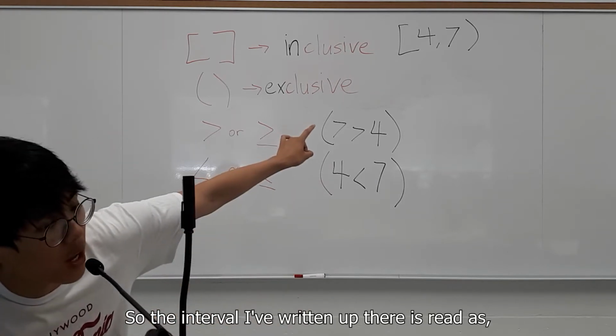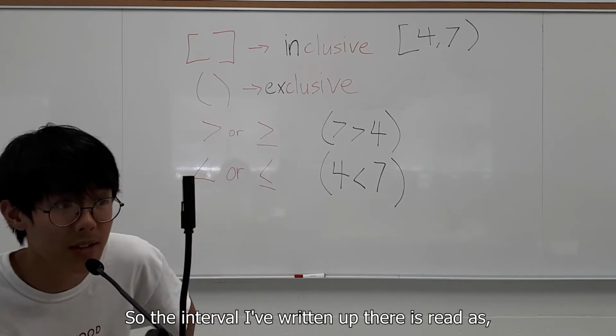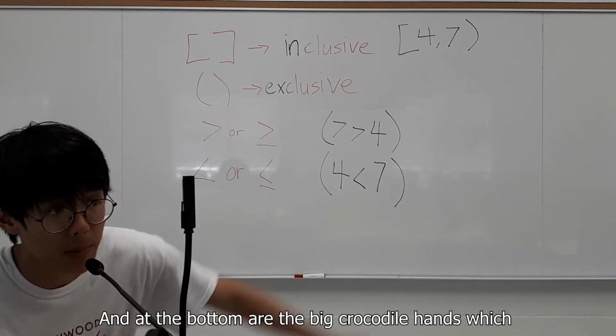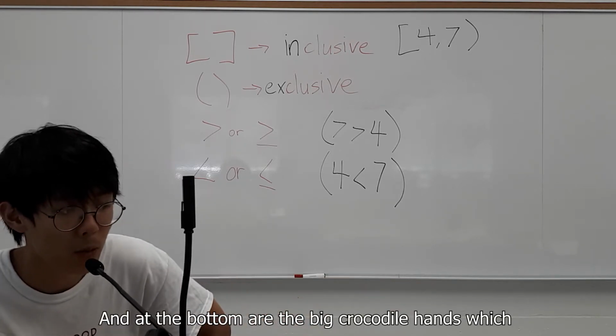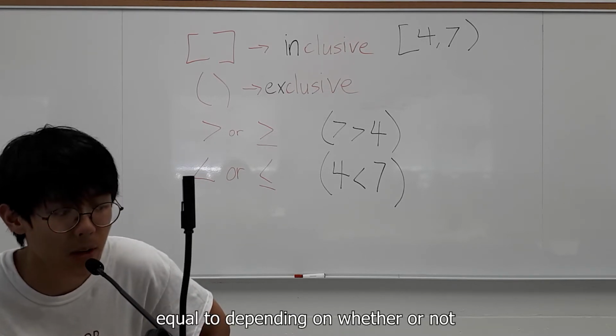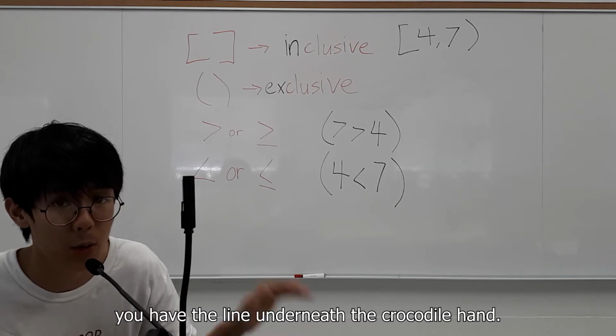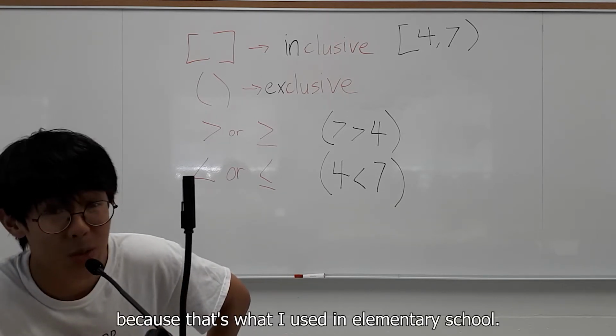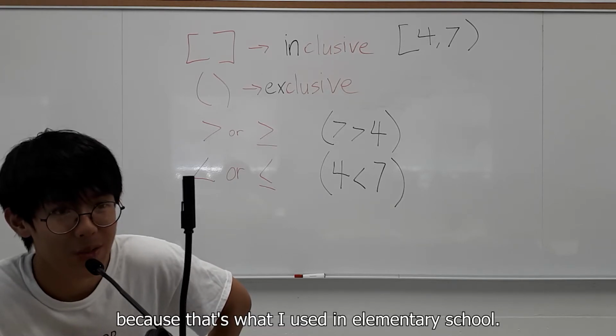So the interval I've written up there is read as the interval from 4 inclusive to 7 exclusive. And at the bottom are the big crocodile hands, which just mean greater than or equal to or less than or equal to, depending on whether or not you have the line underneath the crocodile hand. And yes, I'm using the crocodile hand analogy because that's what I've used in elementary school.